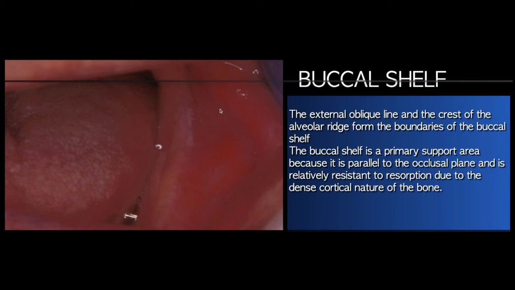The external oblique line and crest of the alveolar ridge form the boundary of the buccal shelf. The buccal shelf is a primary support area because it is parallel to the occlusal plane and is relatively resistant to resorption due to the dense cortical nature of the bone. So this buccal shelf or B curve is the primary stress-bearing area of the mandibular denture.